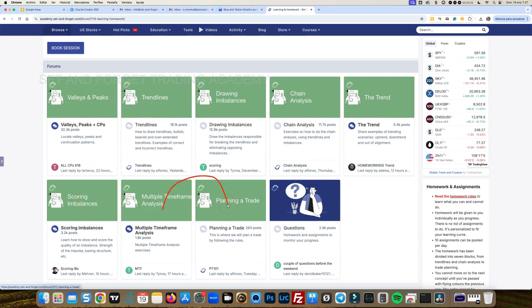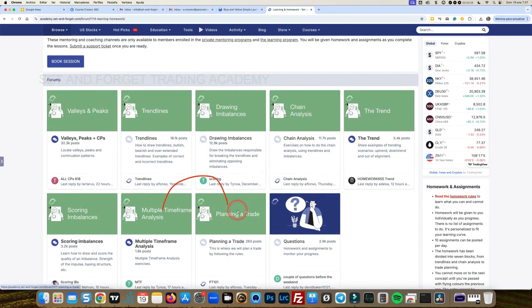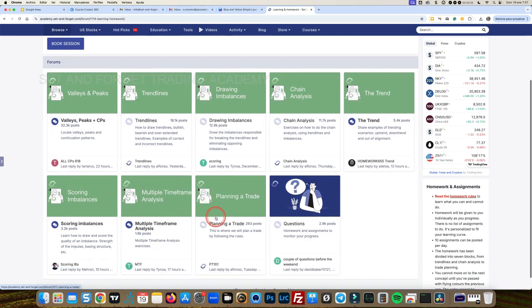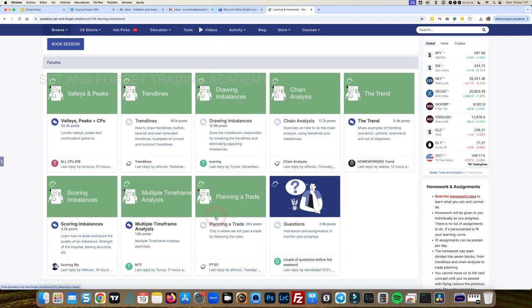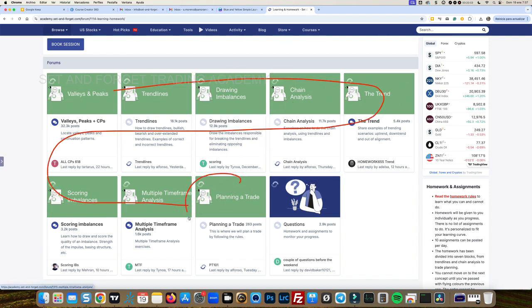And then the last one is planning a trade, where you will actually say, okay, I am planning a trade at that imbalance, demand level, supply level, based on the fact that the multiple time frame analysis tells me that we've got an uptrend, the imbalance scores really well, the trend is up, and the chain analysis is also true, gives us an imbalance. So everything is connected until we plan a trade.